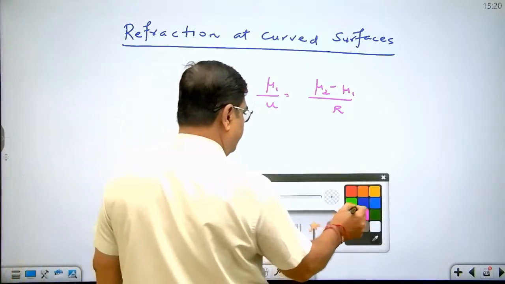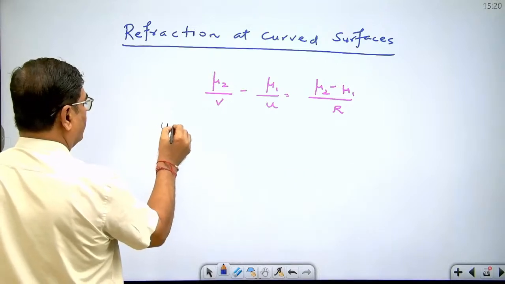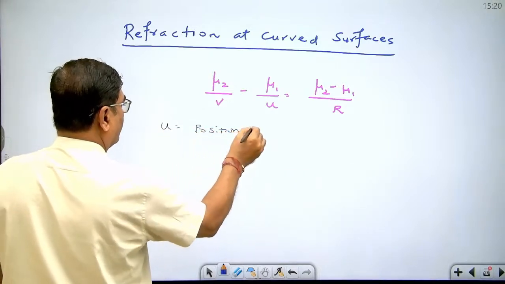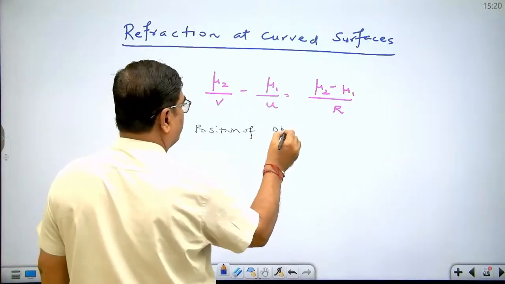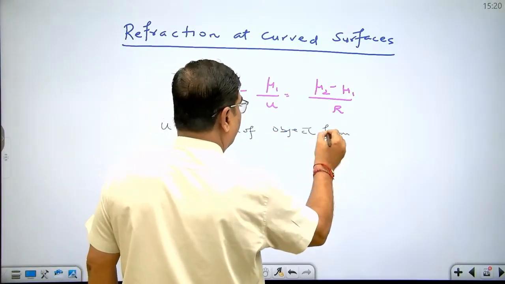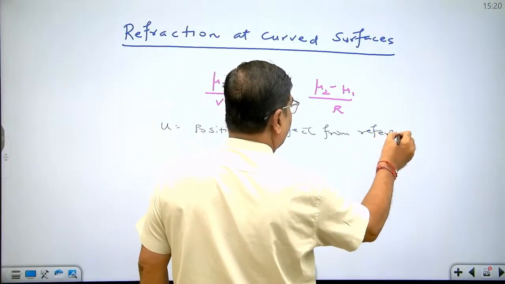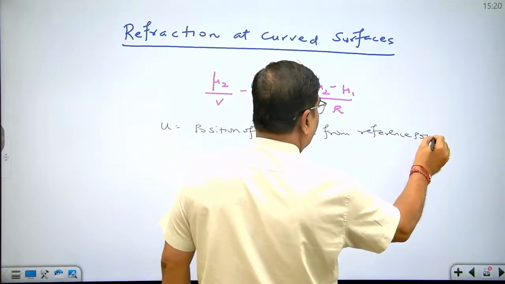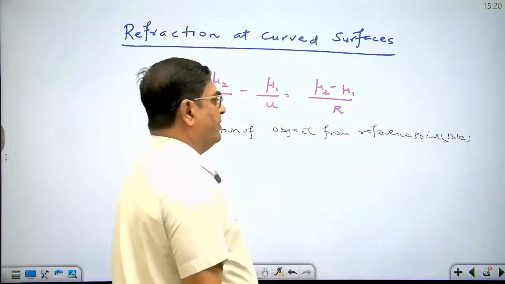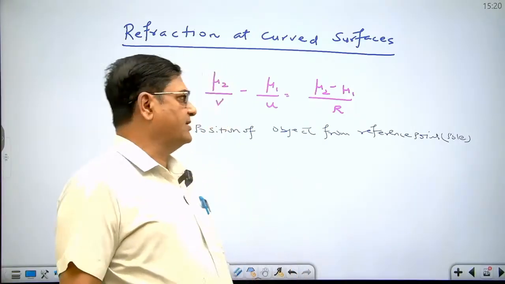Dear students, u is the position of the object from the reference point, that is the pole. Remember, the pole will be selected at that surface from where refraction is taking place, okay?